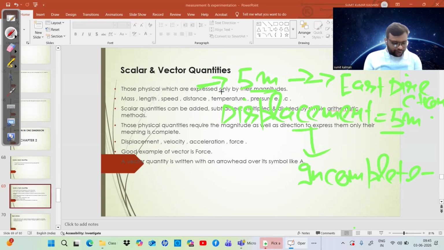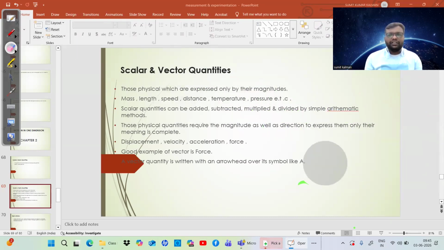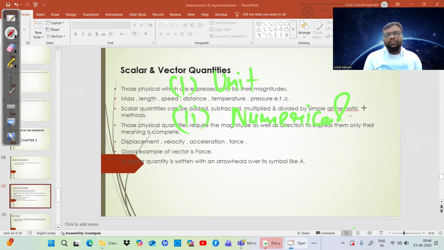We require the following 3 parameters to express a vector quantity. What are they? First is unit. Second is the numerical value of the quantity. And third is direction.